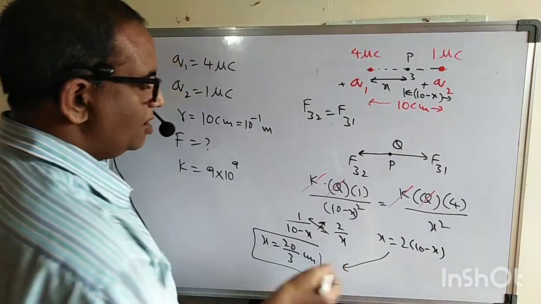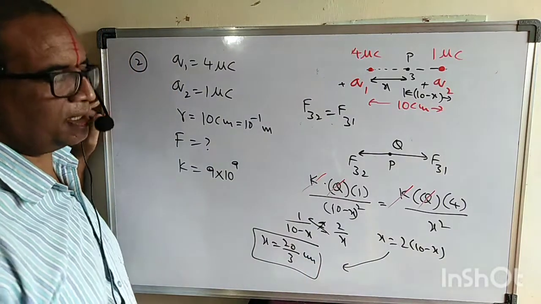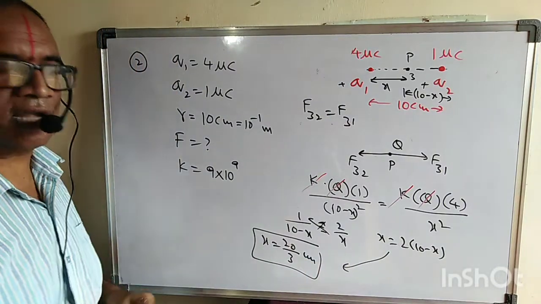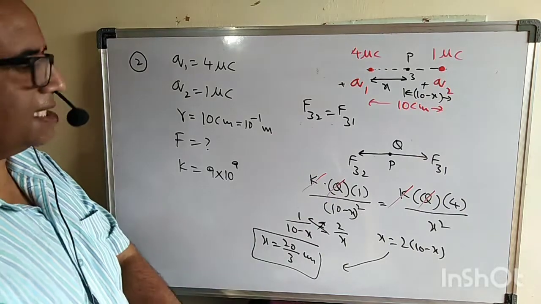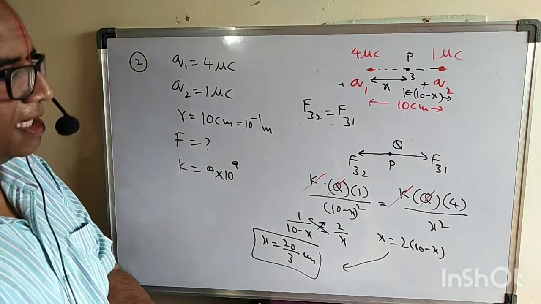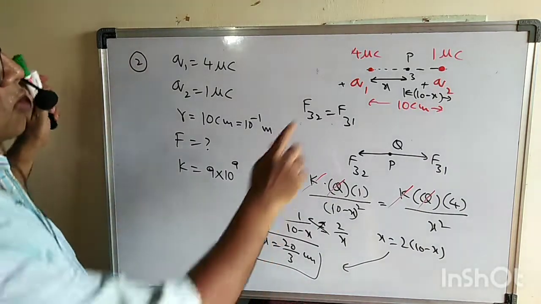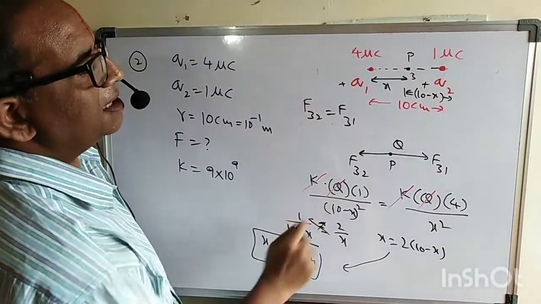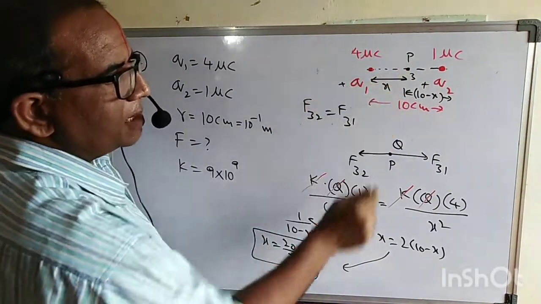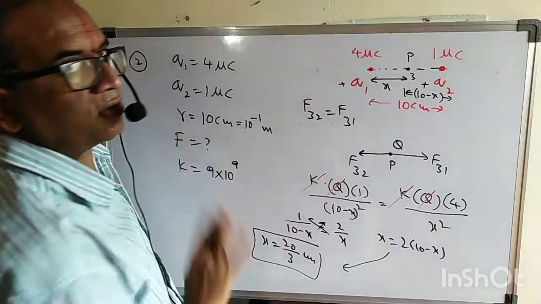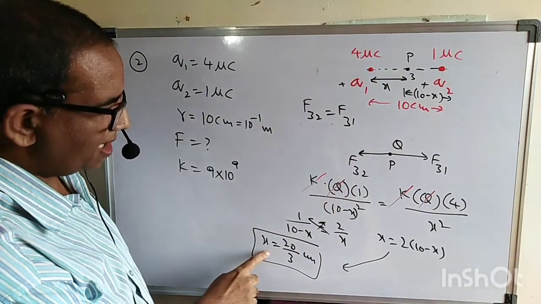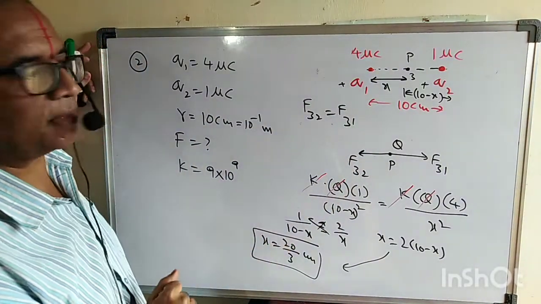So finally x is equal to 20 by 3 centimeter. Are you following what I am saying here? In the second question they asked: if the two charges are separated by 10 centimeter, find the equilibrium point when a charge Q is placed there. We got x equal to 20 by 3 centimeter.